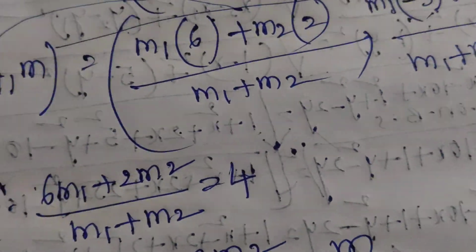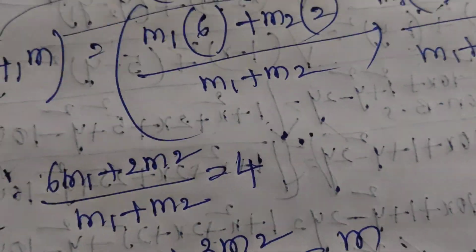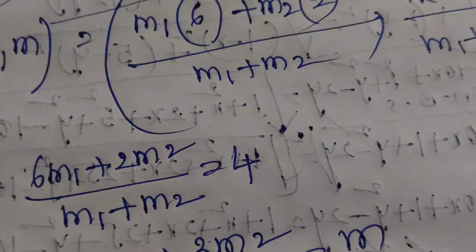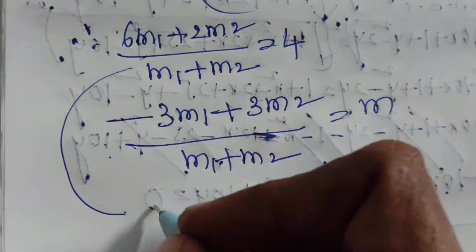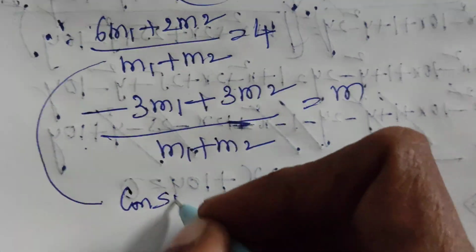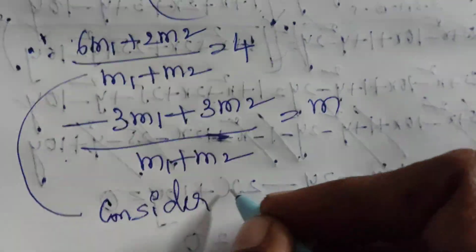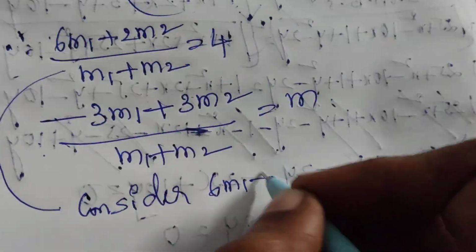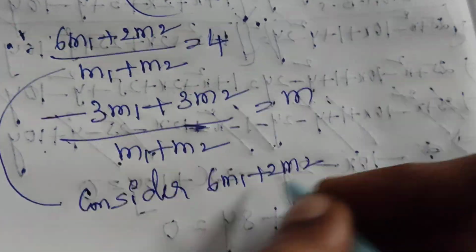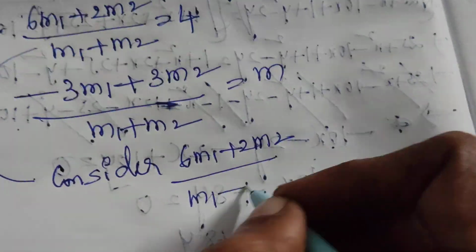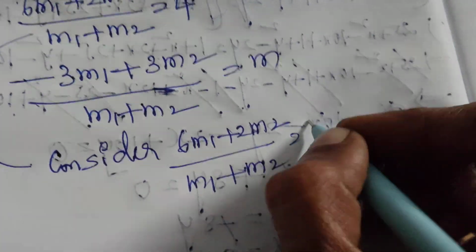Here, now consider (6 m1 + 2 m2) / (m1 + m2) = 4.